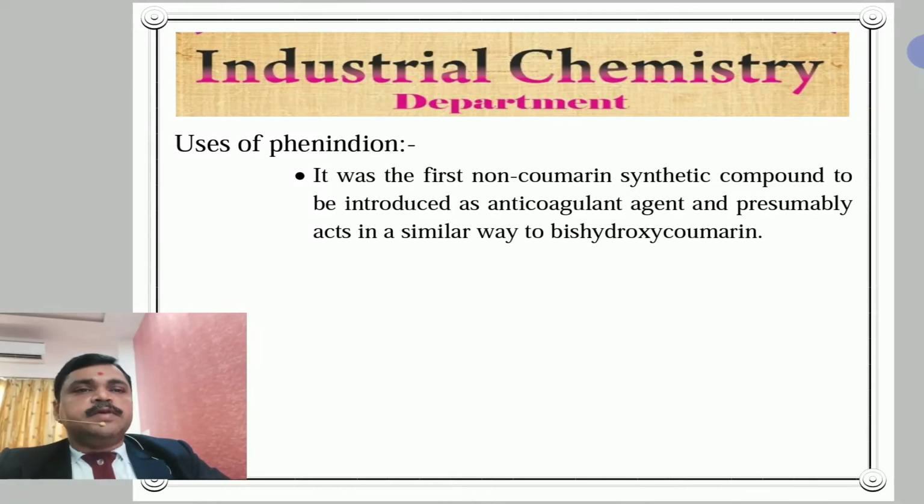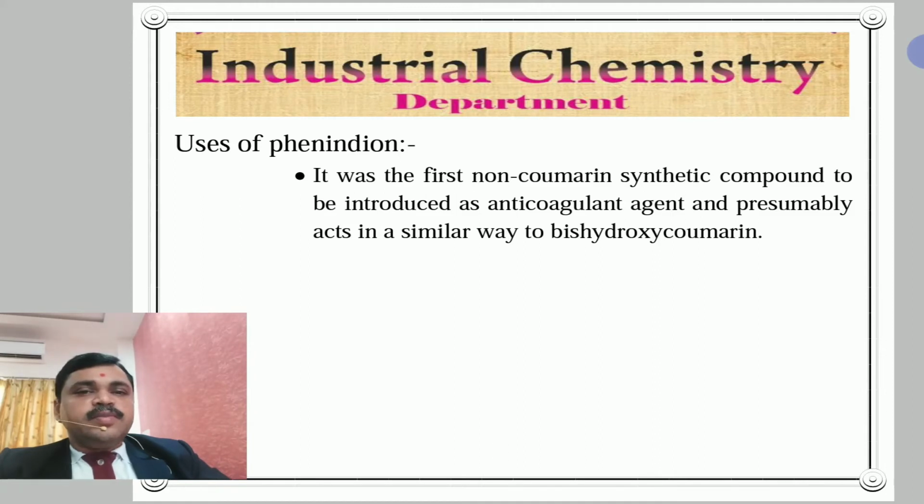Now, the medicinal application of Fenindion. It was the first non-coumarin synthetic compound to be introduced as an anticoagulant agent and presumably acts in a similar way to bis-hydroxycoumarin. This compound Fenindion is a non-coumarin derivative. Coumarin derivatives have anticoagulant properties.